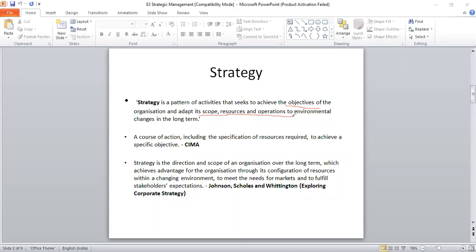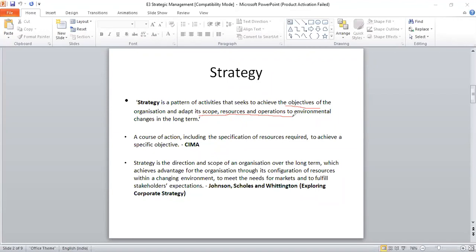Strategy is a plan which is taken up to ensure that the objectives of the organization are achieved over a period of time, in the long run. Basically, strategy is a course of action which it would take up so that the objectives can be achieved.